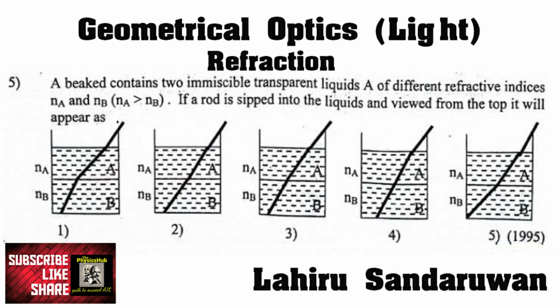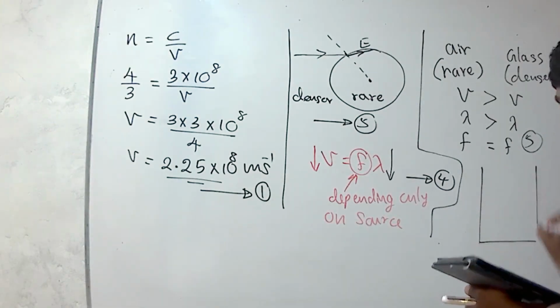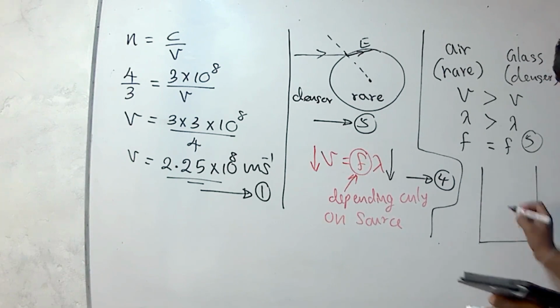It means A is the denser medium and B is the rare medium. If a rod is put into the liquid and viewed from the top, how will it appear? Then we have to consider real depth and apparent depth.